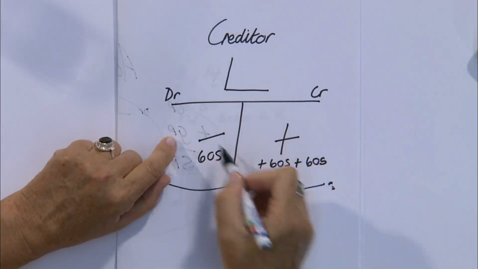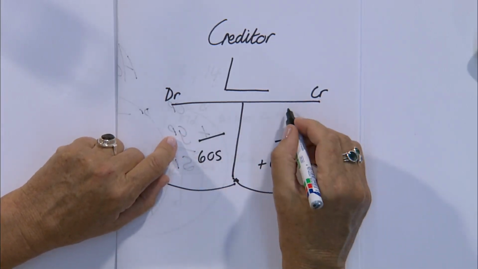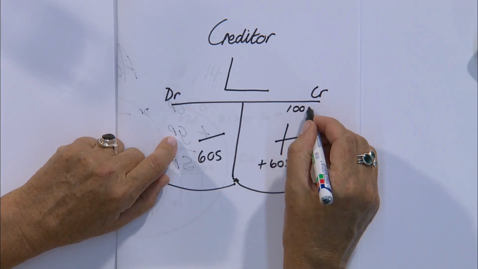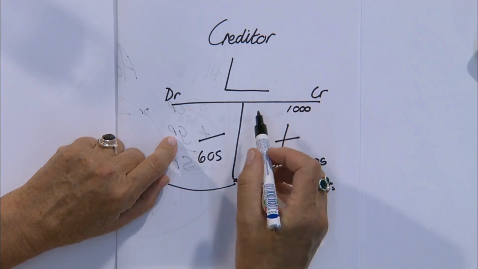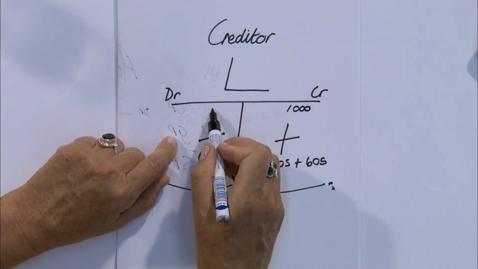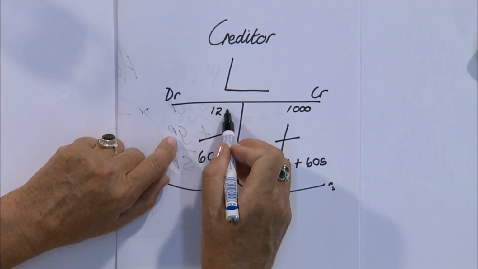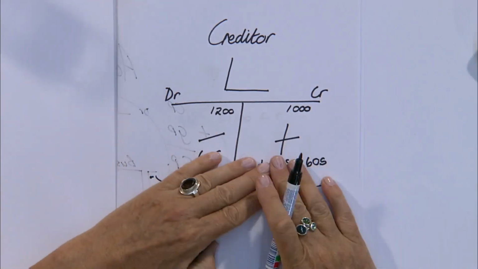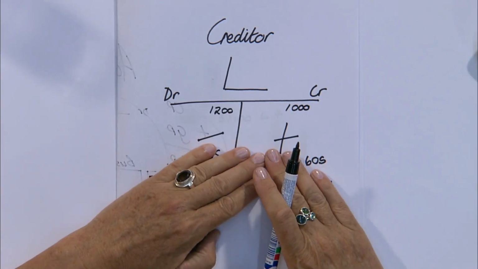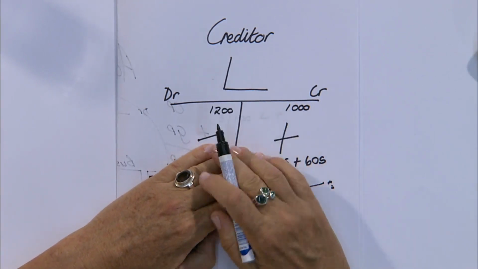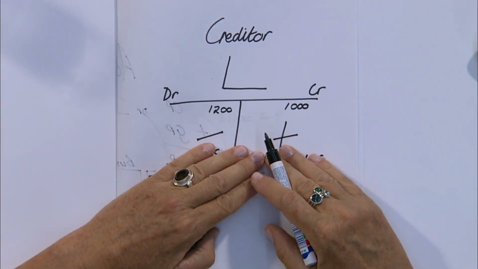How is it possible that a creditor can have a debit balance? I'll explain here on the paper. Same concept. You owe a creditor 1,000 rand. By mistake, you pay him how much? 1,200 rand. So if you now look at that account, 1,000 credit, 1,200 debit, I overpaid.